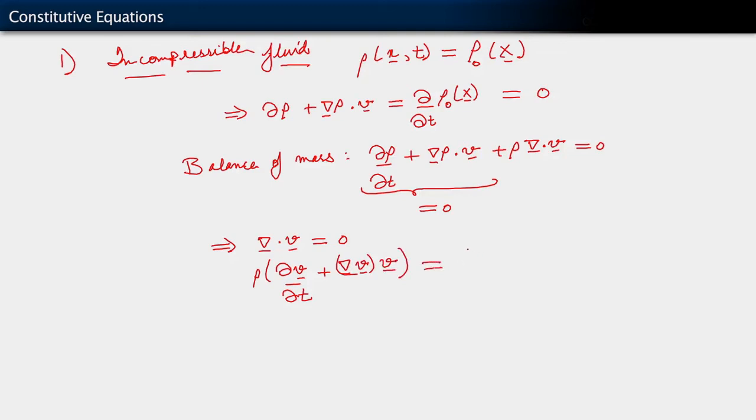But sigma is equal to minus P times the isotropic tensor. When you substitute this into the divergence of sigma, what you get here is the gradient of P, plus the body force.